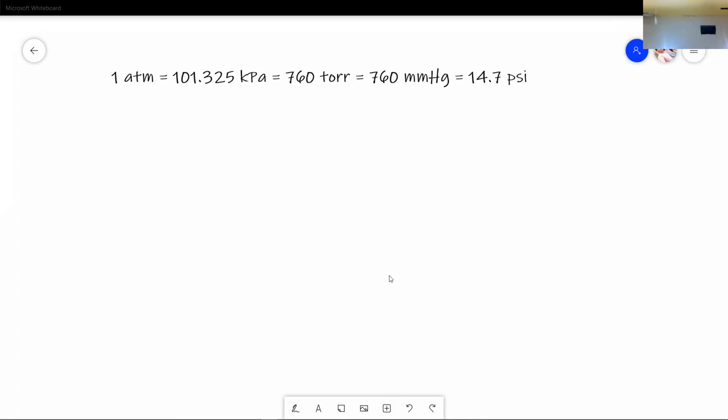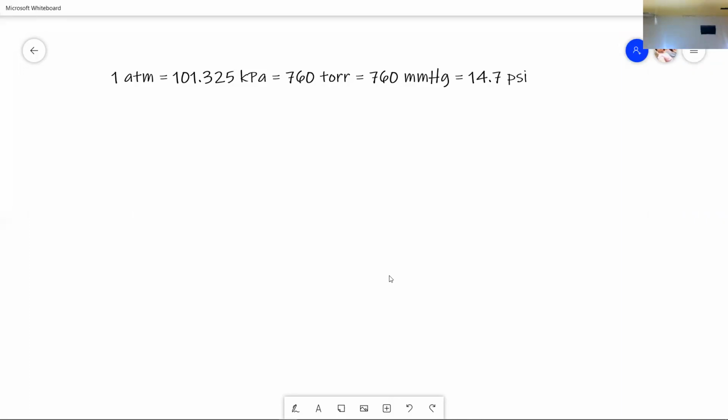In solving this, we should first know how to convert those variables into pressure. So these are all the units of pressure.